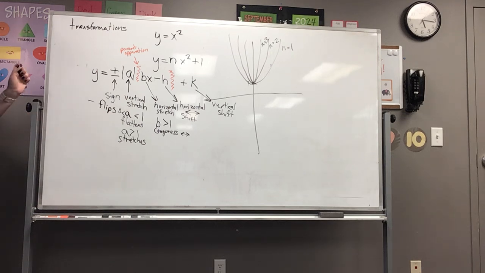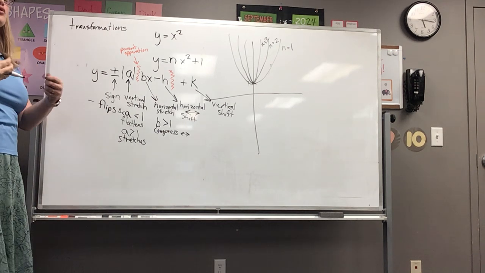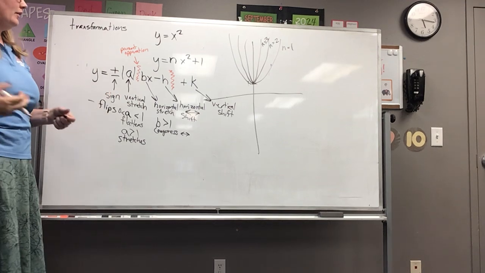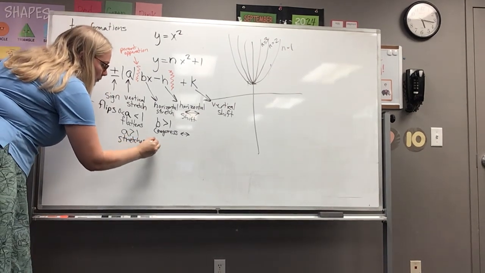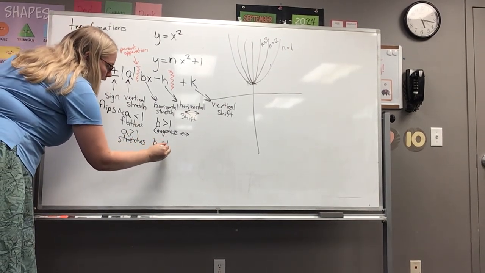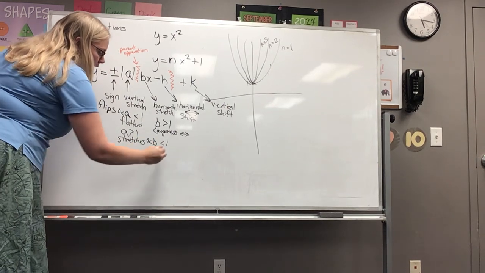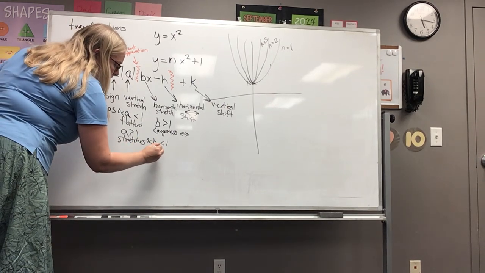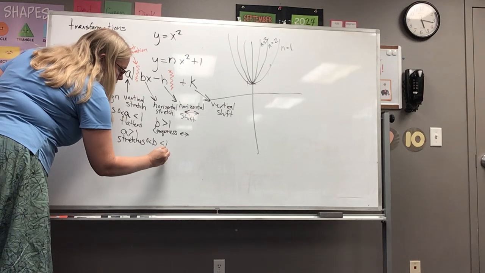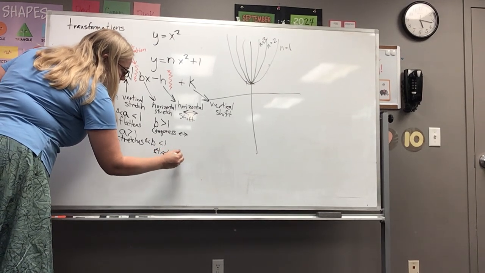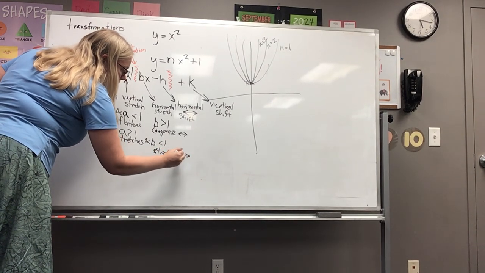And if it is less than 1, if it's fractional, it's going to happen much more slowly. It's going to drag out how long this takes. And so if our B is less than 1, but still bigger than 0, it is going to stretch horizontally.